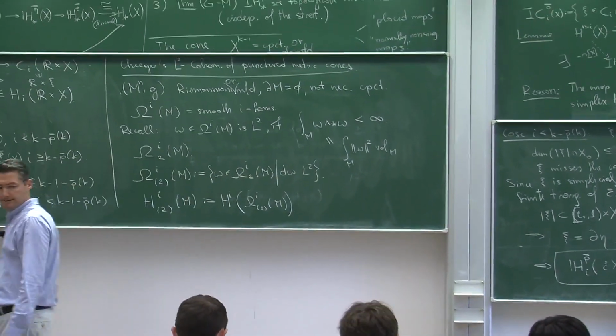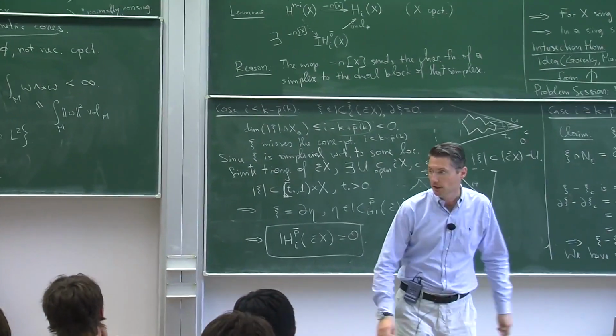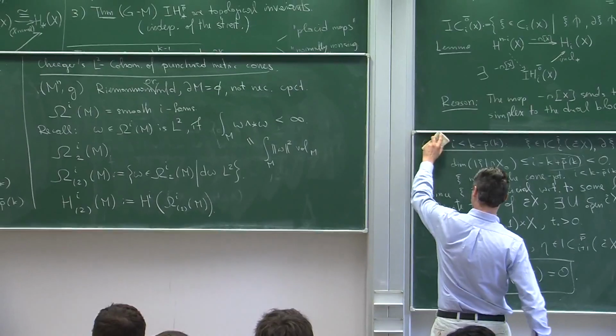Okay, and now we consider a special type of M, namely a punctured metric cone. So this is the following thing.